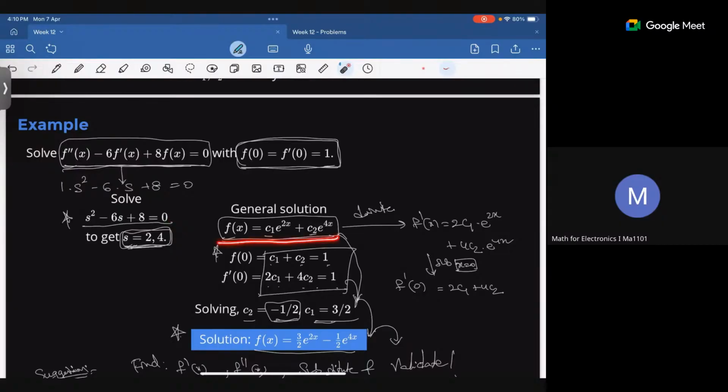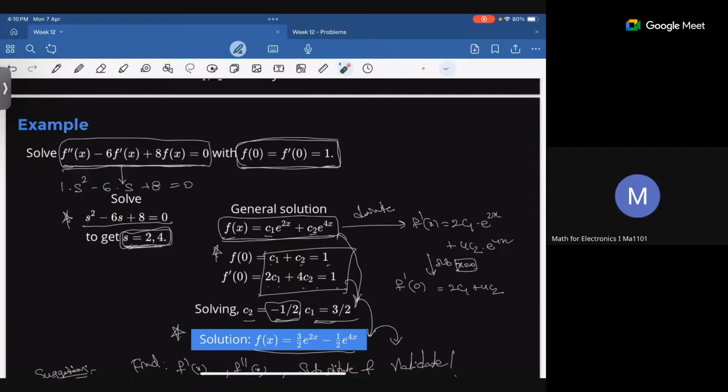And the general solution will look like this, where C1 and C2 are still unknown. But using these initial conditions, we substituted them and got two equations in terms of C1 and C2. So it's a system of linear equations and we know how to solve them. After solving them, we get C1 and C2. And finally, if we substitute, our solution will look like this.